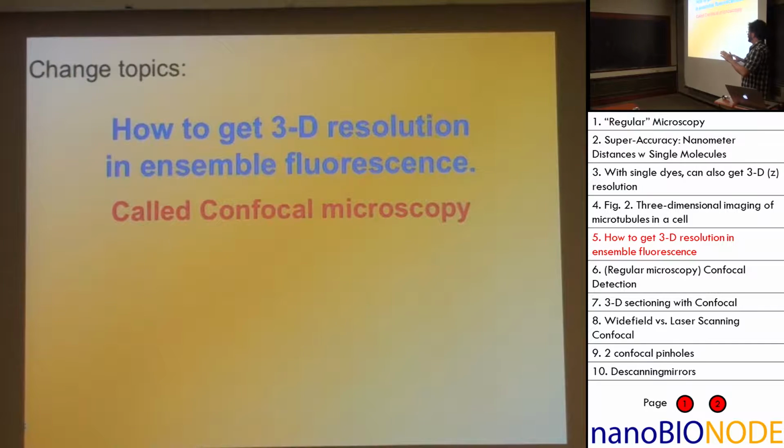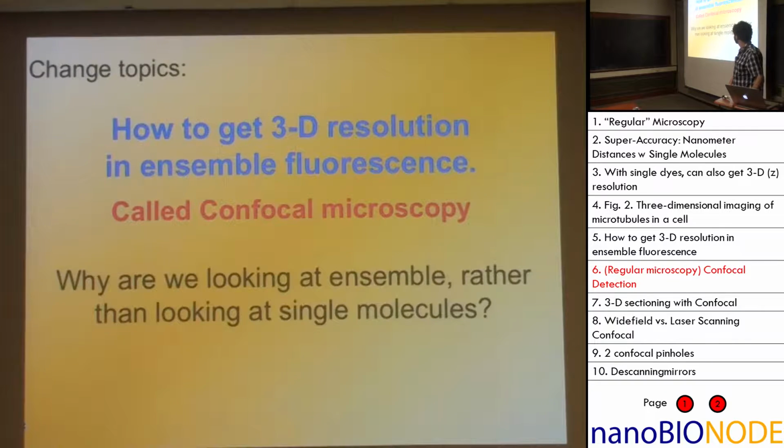Okay? And in general, it's called confocal microscopy. You get the X and the Y, you don't need anything special, because you look down here and you say, okay, the fluorophore is over here, or over here, or over here. Now, but if the sample has a Z dimension, that is not so easy to see.